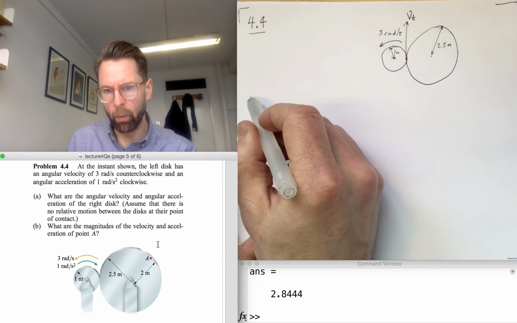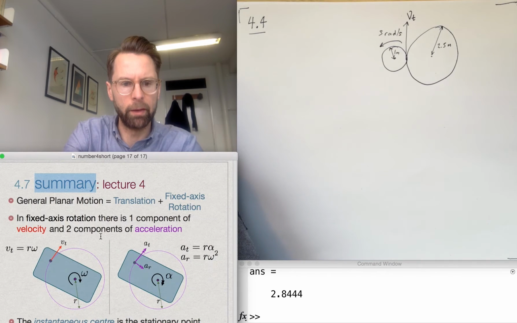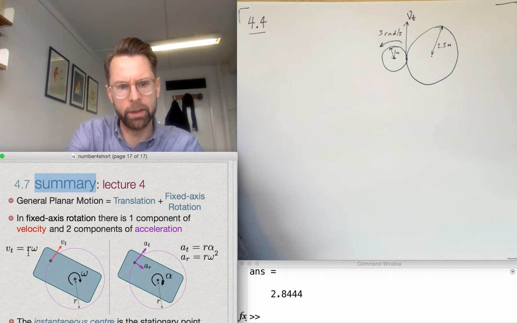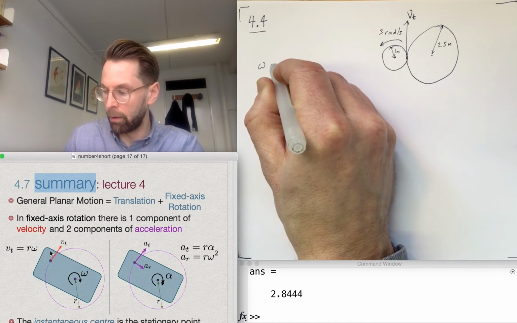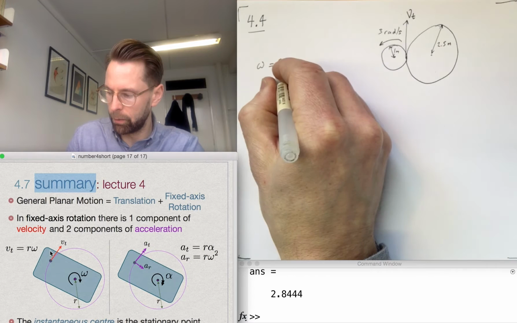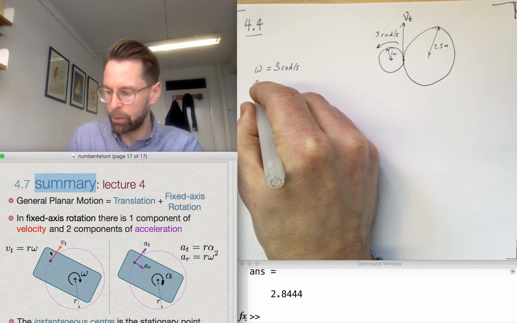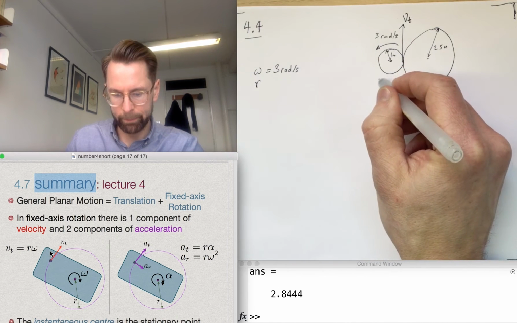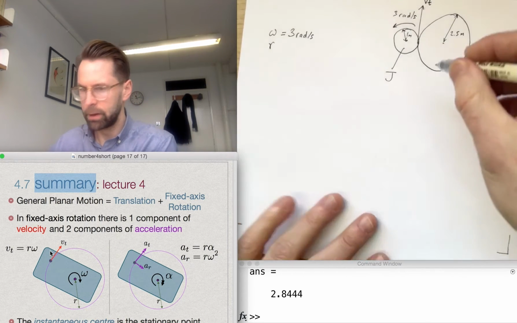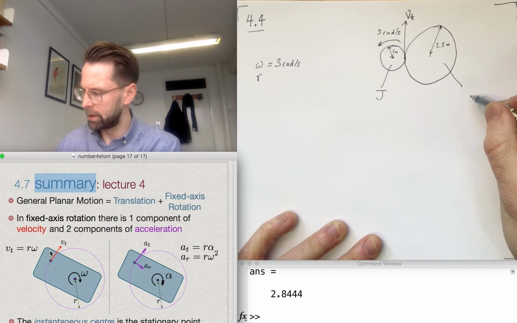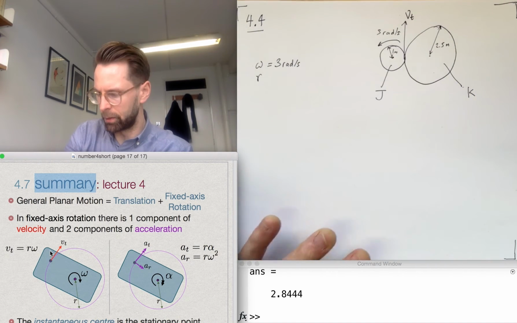So we know from our lecture notes that the tangential component of velocity is equal to r omega. So omega, our angular velocity, is 3 radians per second, and let's call this disc J, and we'll call this disc K. I would call them A and B, but we've got a point B later in the question.